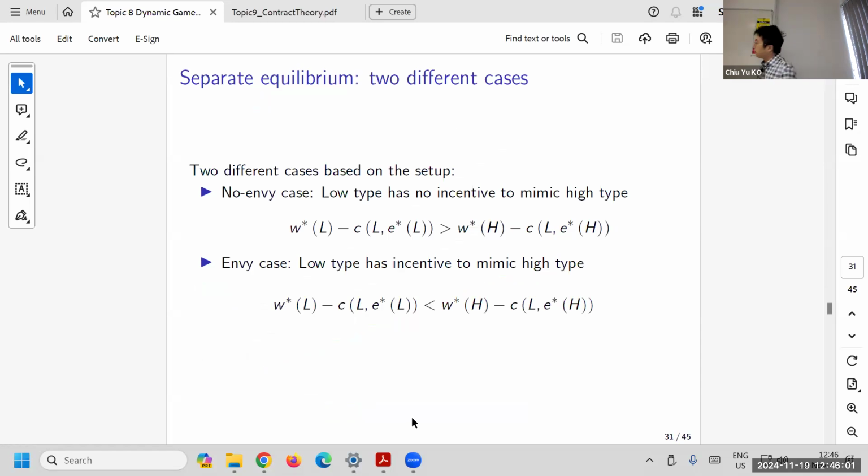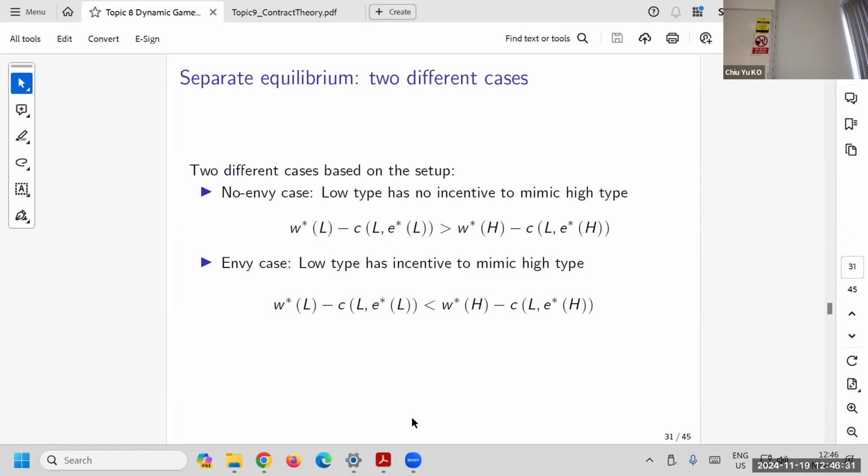Now we have to check the separating equilibrium, and it turns out this is rather complicated. You need to divide it into two separate subcases. The first subcase is the easier one. In the complete information case, the low type does what they want to do, and has no intention to pretend to be the high type.